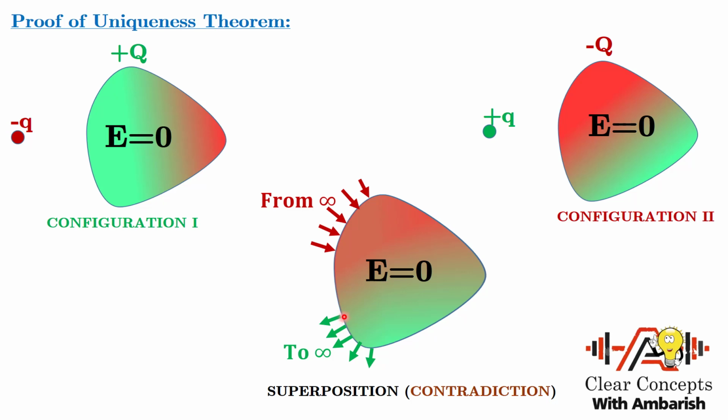This is going to infinity, that means infinity is at a lower potential than this conductor, but then you are coming back along a field line from infinity. That means this conductor is at a greater potential than infinity, so it cannot be simultaneously at greater and smaller potential than infinity. So if I assume that there exist two possible configurations for the same configuration of the universe and total charge of the conductor, it leads to a contradiction.